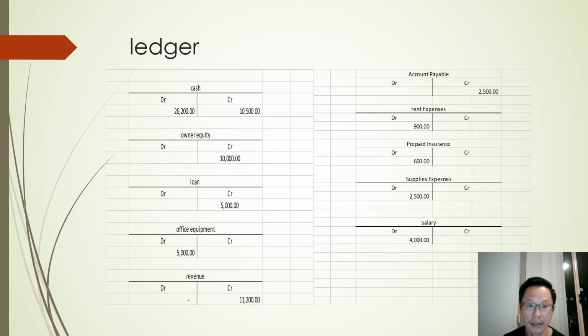The next thing I'd like to discuss here, I already put in this cash here for the debit is 26,100. How I get this one is I accumulate all the debit cash that we got from the previous journal. Since I don't know how to get my journal ledger from the previous slide to put in here, I'm just going to mention it.